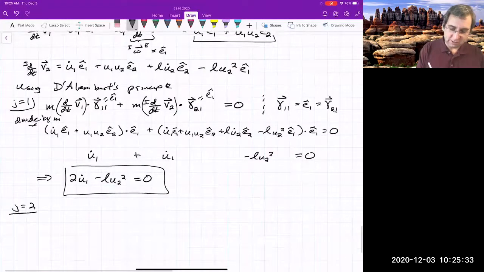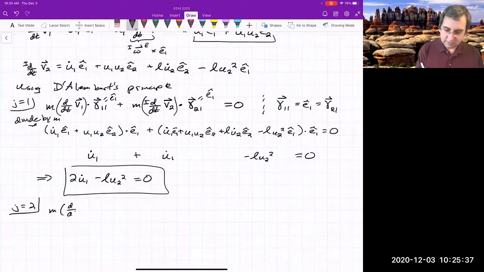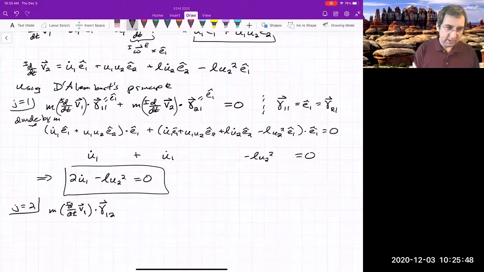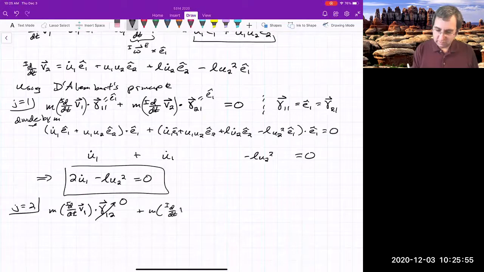If we do the second one, j equals 2, the inertial derivative of V1 dotted with gamma 1, 2. This is the one that's equal to 0. Plus M times the inertial derivative of the inertial velocity of particle 2 dotted with gamma 2, 2. And this was equal to L E2.